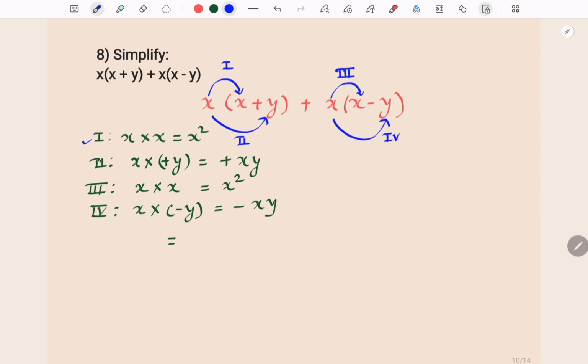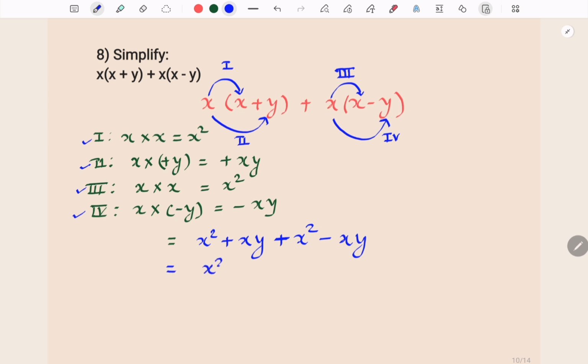From the first multiplication, I have x squared. From the second multiplication, I have plus xy. From the third multiplication, I have plus x squared. And from the fourth multiplication, I have minus xy.